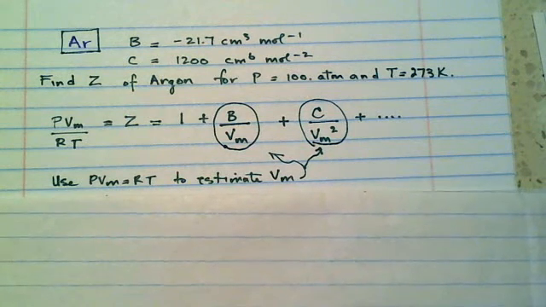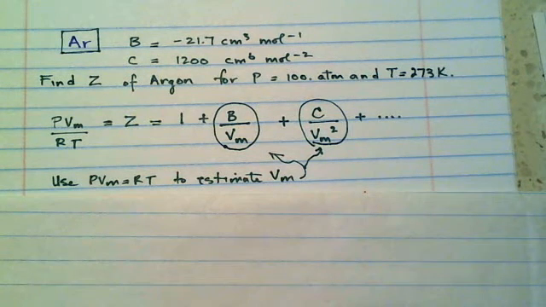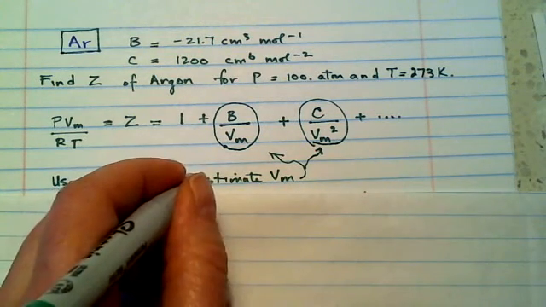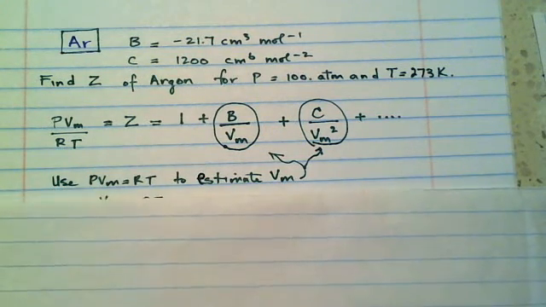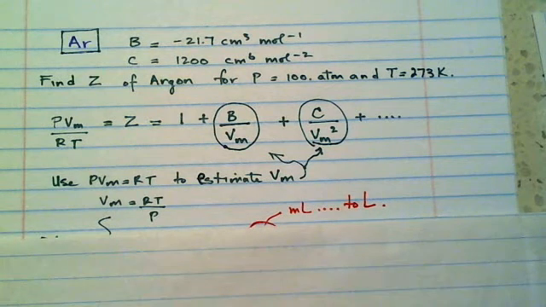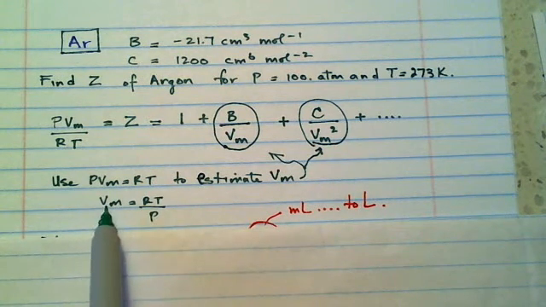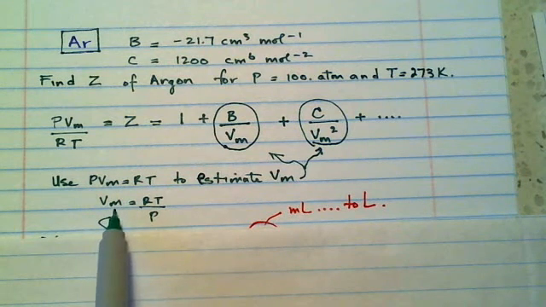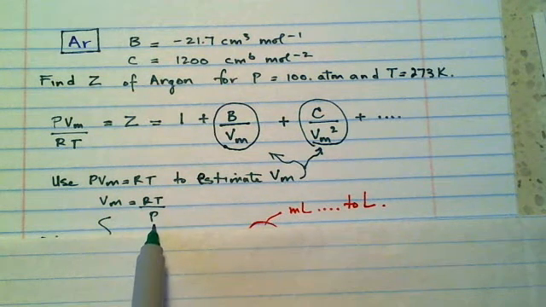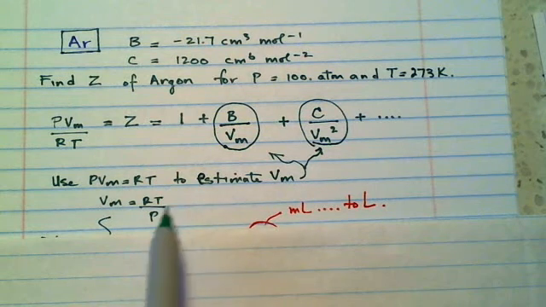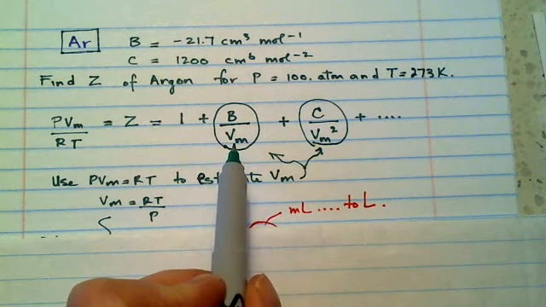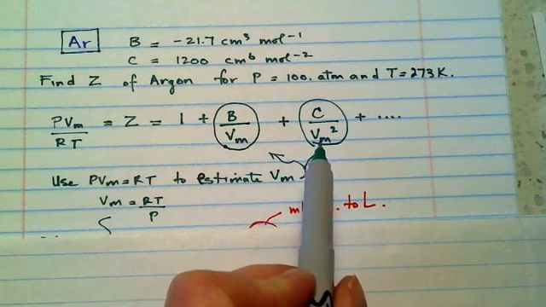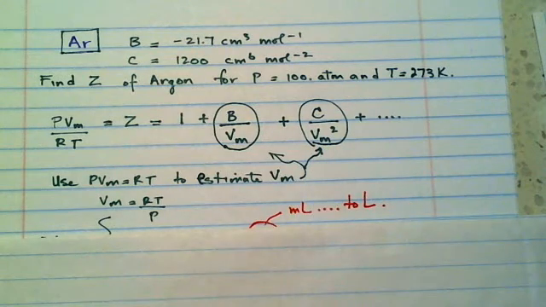We use PVM equal to RT to estimate our molar volume. Okay, so if PVM is equal to RT, then VM, the molar volume, is equal to RT over pressure. So I take this RT over pressure and I substitute it for molar volume, and in here I'm going to put it in and square it.